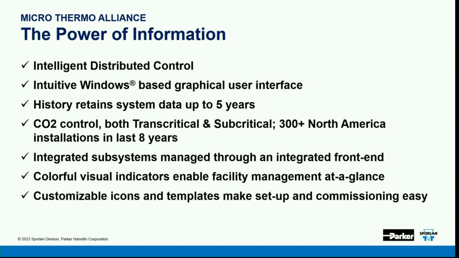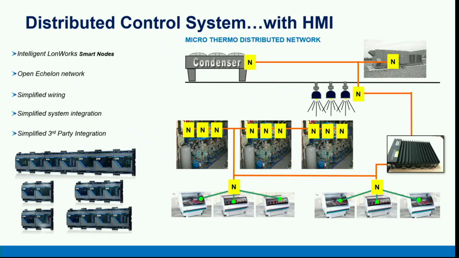And again, we integrate all the subsystems, whether it's on Microthermo or it's a third party that's in the store. If it's Echelon enabled, we can aggregate it and you can have full access right through the front end. Colorful, visual, so that you can manage at a glance, and completely customizable.